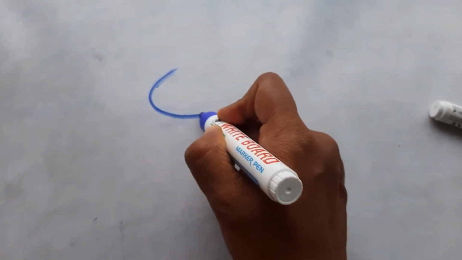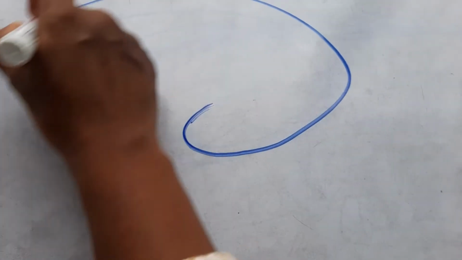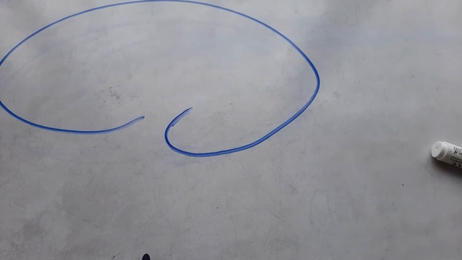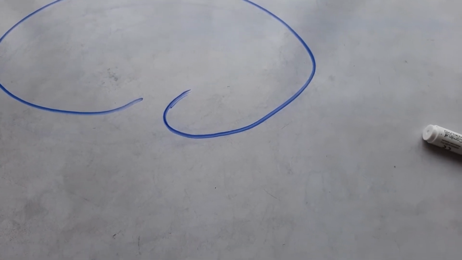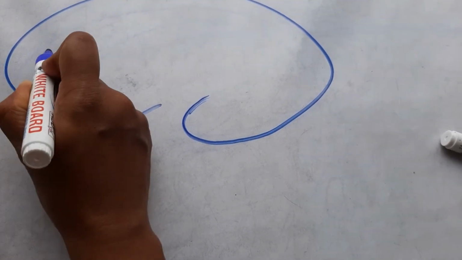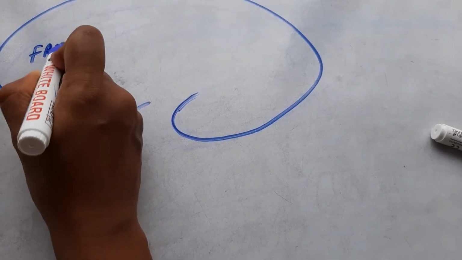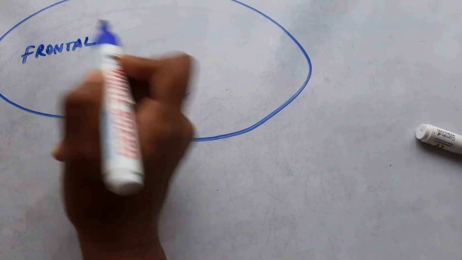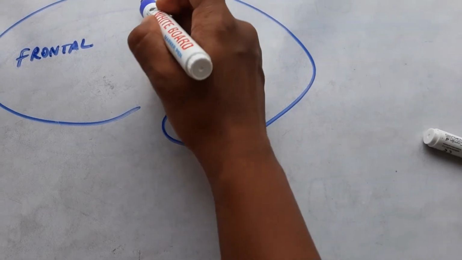Now, if it is the human brain, you see there are various lobes in the brain. This is the frontal lobe, right? This is the parietal lobe.